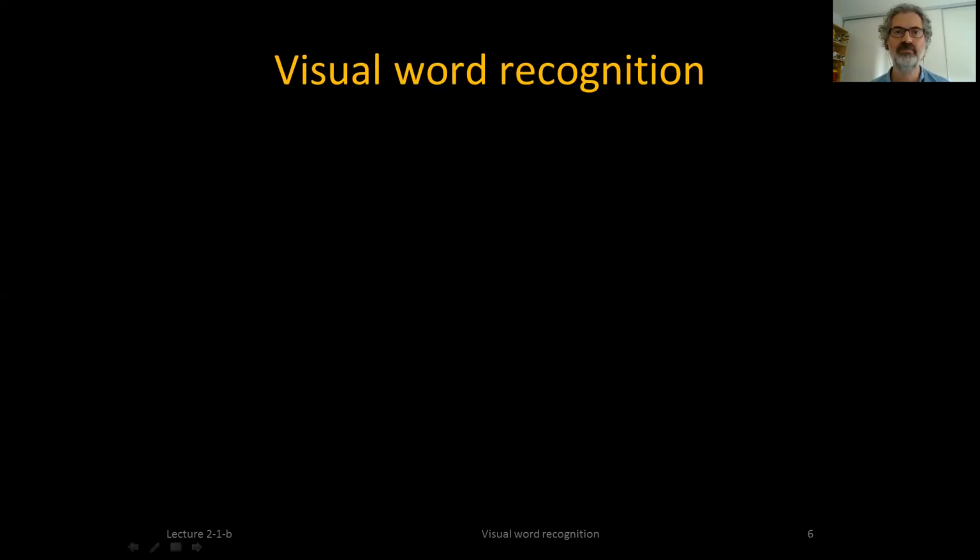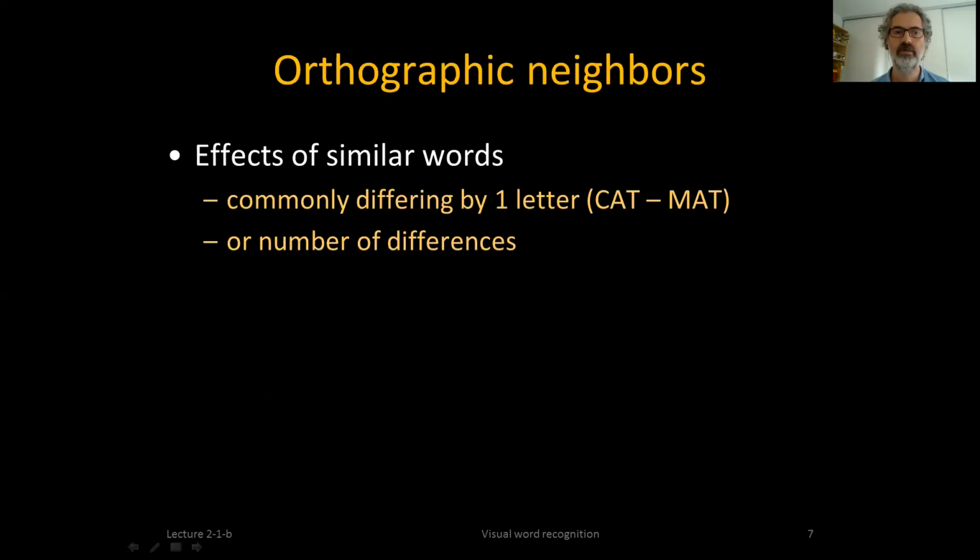So what are some of the properties that affect visual word recognition? An important property is what is called orthographic neighbors. What are orthographic neighbors? Well, simply put, words that are similar. What does it mean to be similar?